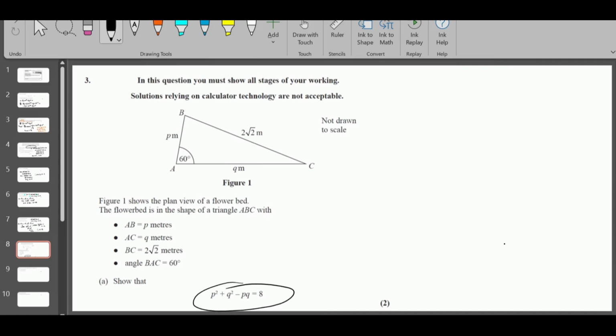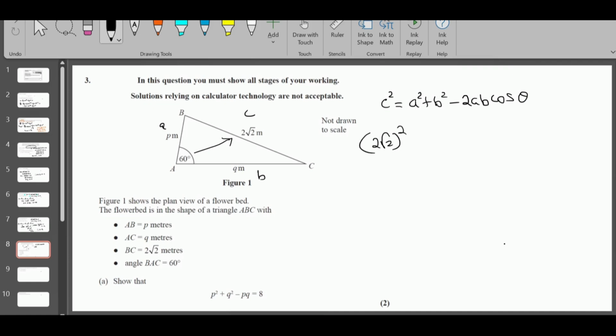Show that... Apply the cosine rule by taking the opposite side as c, and the other two sides as a and b. The cosine rule is c squared is equal to a squared plus b squared minus 2ab cos theta. So c squared is equal to a squared plus b squared minus 2ab cos 60 degrees.